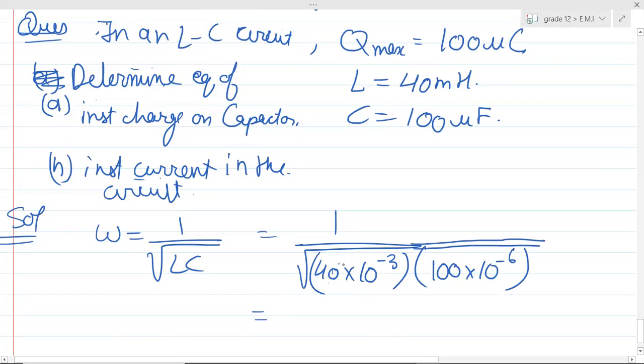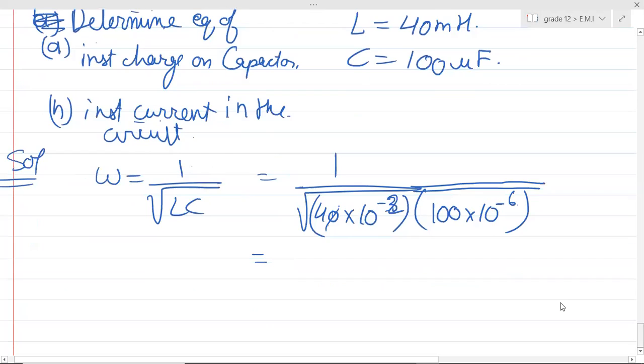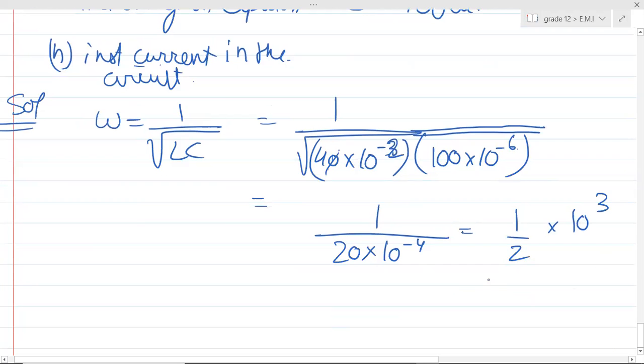I'll multiply this with this, so it will become 10 to the power -2. -2 minus 6 will become -4 out of the root, and this will be 400. Root of 400 is 20, right? So 1 upon 20 into 10 to the power 3, and this becomes 1 upon 0.5. तो ये 500 रेडियन पर सेकंड आ गया. Omega is basically this.